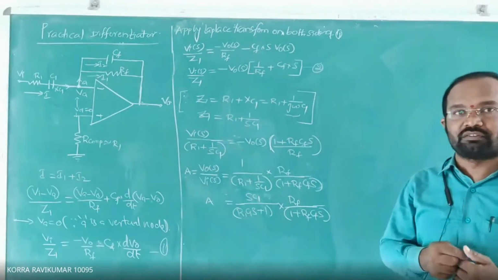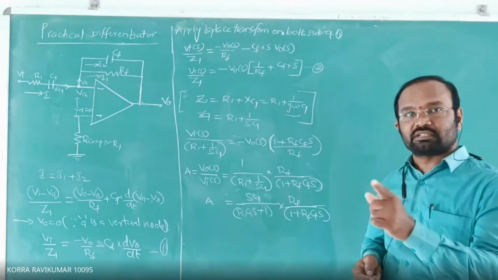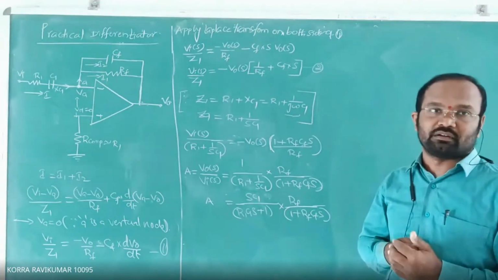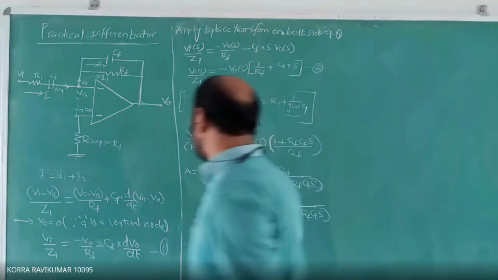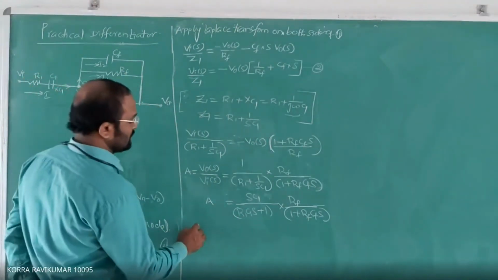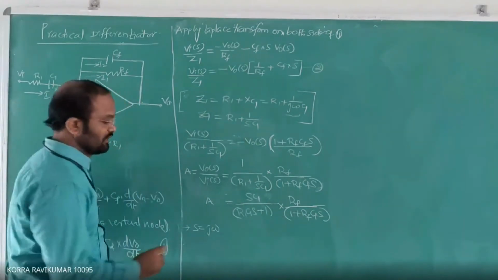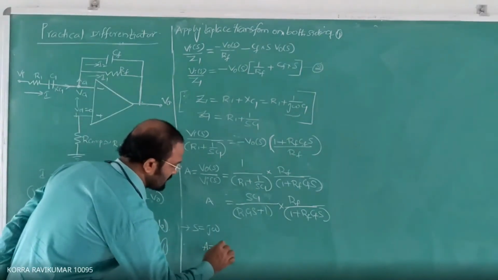To convert that, we know the value S is equal to J omega. So replace S with J omega. Then S is equal to J omega. Replace it.